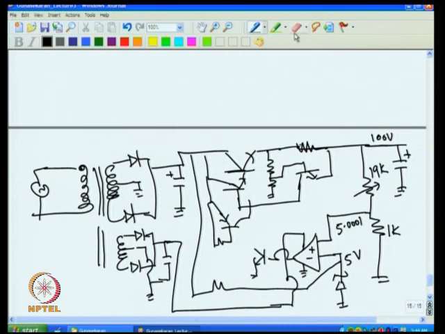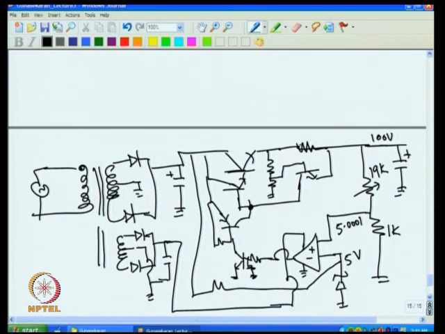Of course, I have to connect the transistor here. The same circuit, connect this. This also works well. This also gives you high voltage regulation.